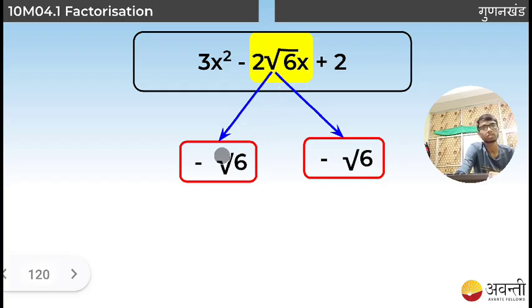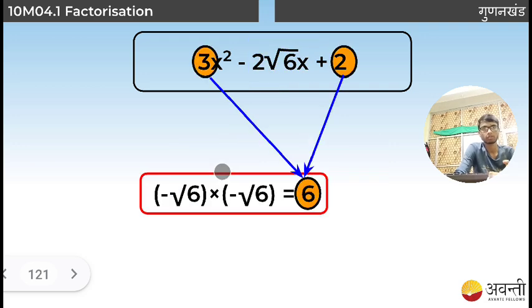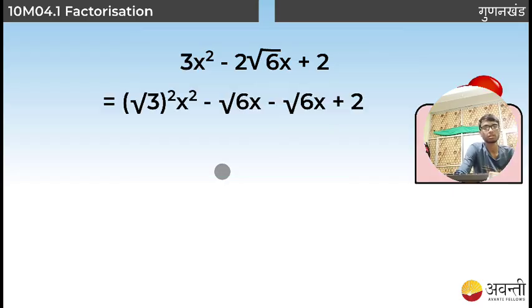Oh, minus 6. This is the product of this. We will just use this. And 6 times 6 is 36. Yes, it becomes 6. Now we applied this: root 6x minus root 6x. Now we will simplify it further.